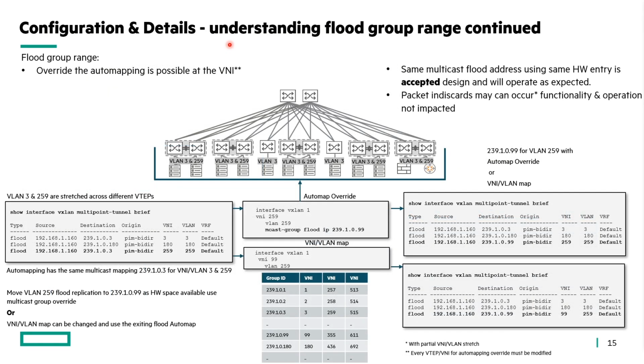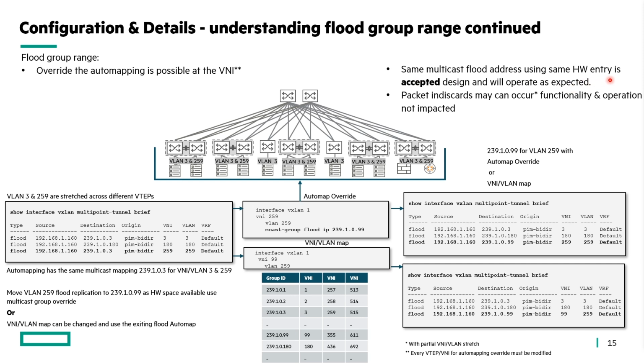So let's continue understanding flood group range further. As I said earlier, overriding the auto mapping is possible at the VNI level. But if you do this, then it must be changed consistently throughout the whole of the fabric. We did see earlier the same multicast group addresses using the same hardware entries.